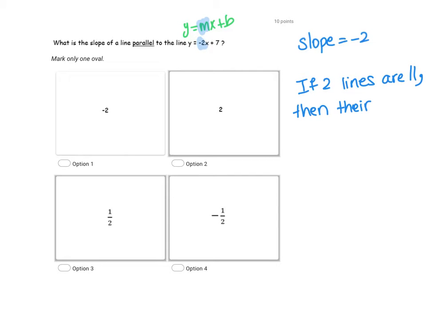So that means that they have the same slope. So if this line has a slope of -2, then the line parallel to this line would have the same slope of -2. So that is the correct option.